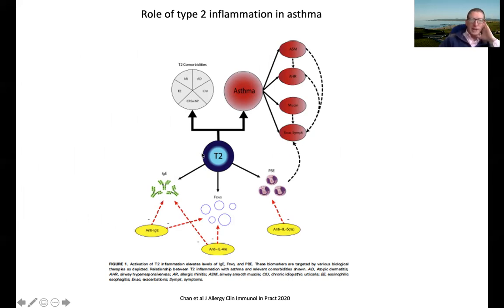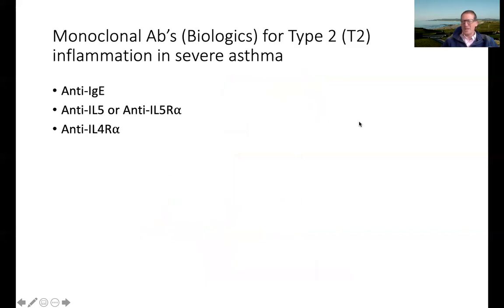That's what we measure in the clinic, which results in asthma, and that manifests as either exacerbations or symptoms, mucus production, not as big a problem as in COPD, airway hyperresponsiveness, and it also sensitizes the airway smooth muscle to become twitchy. Also bear in mind type 2 comorbidities: chronic rhinosinusitis with nasal polyposis, atopic dermatitis, allergic rhinitis, eosinophilic esophagitis, and chronic idiopathic urticaria. I don't expect you to learn that, it's just for information.